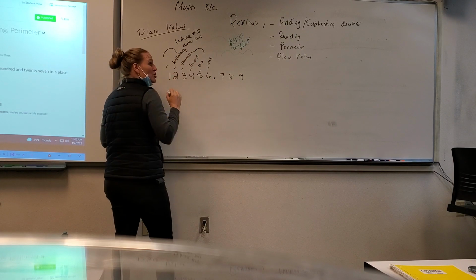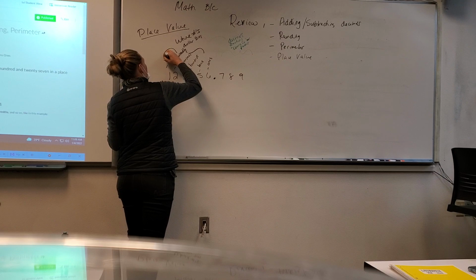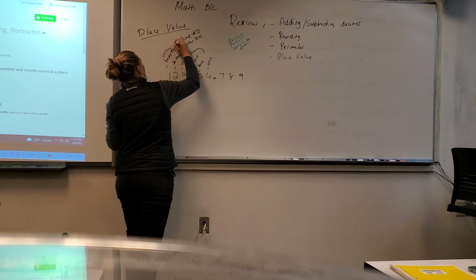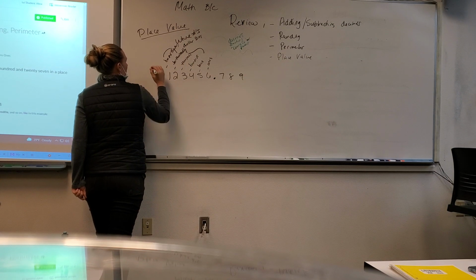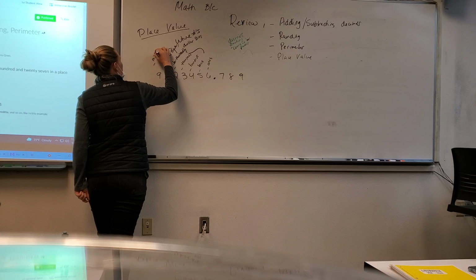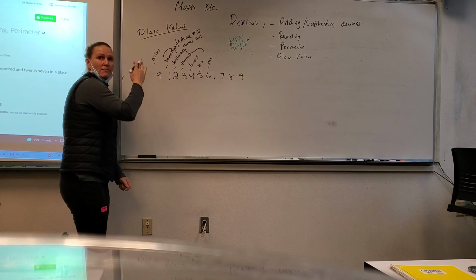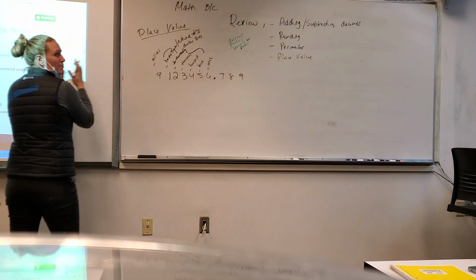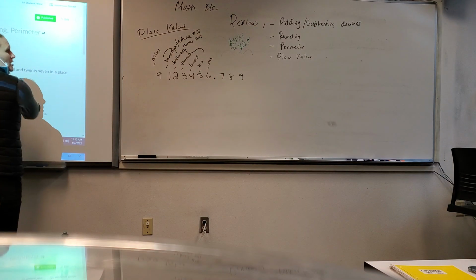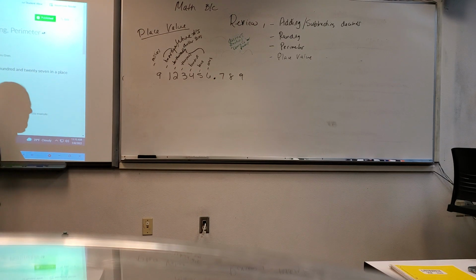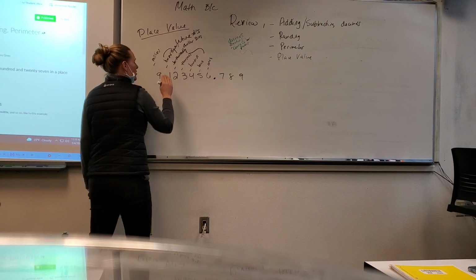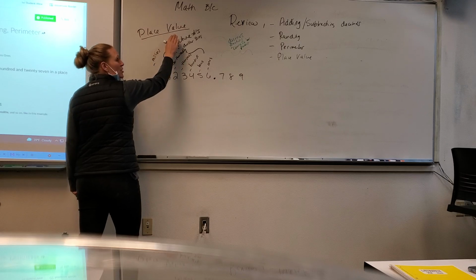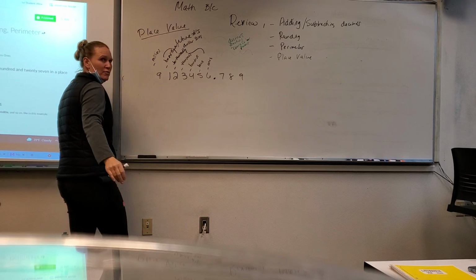Then it goes 100,000s. And then if we add another number in front of that, that would be the millions. And then it would go 10 millions, 100 millions, billions, 10 billions, 100 billions, trillions. Okay? So ones, tens, hundreds, thousands, 10,000s, 100,000s, millions, 10 millions, 100 millions.